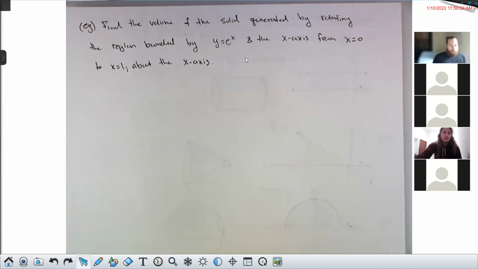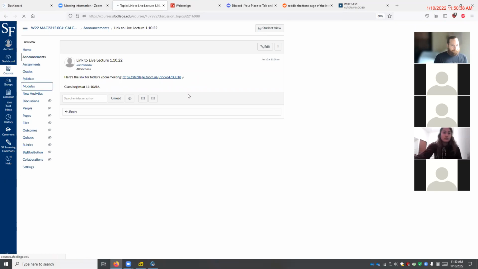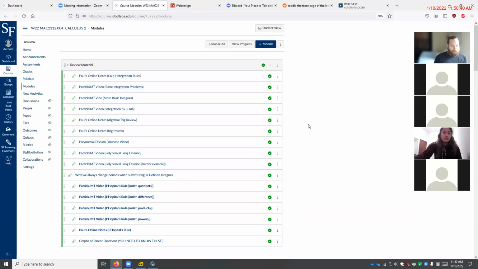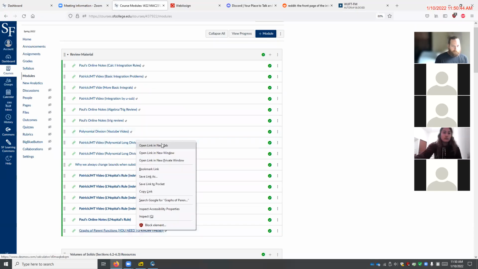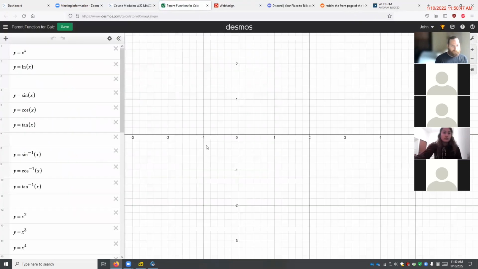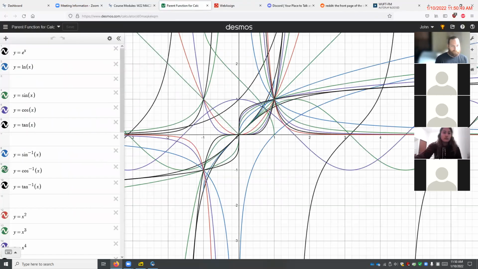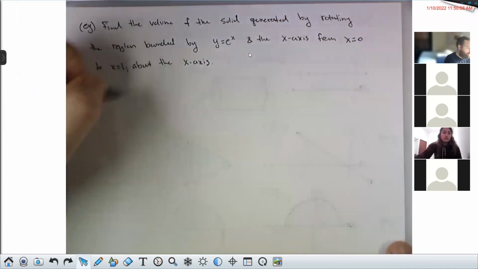All the basics you need, if you forget one of these, remember, is in the modules. If you come to the modules here in Canvas, go down to the bottom, graphs of parent functions, you need to know these. I'm not kidding. Right? Here are all those basic graphs you need to know. If you want to look at one of them, just mute all the others, right? So we need the graph of e to the x. That's the only one we need here.